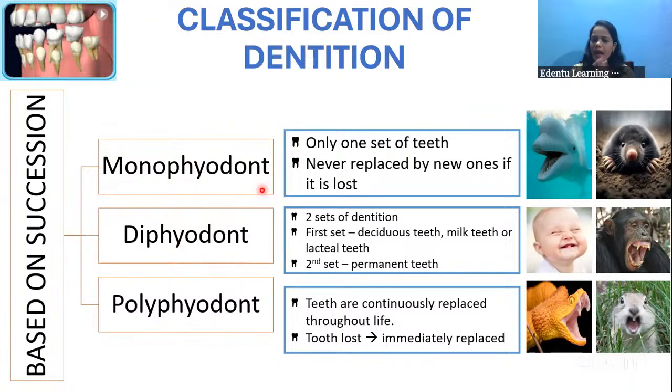In the animal kingdom, you can generally see mainly these three types of dentitions. What do we mean by monophyodont? In monophyodont animals, there is only one set of teeth present throughout their lifetime.